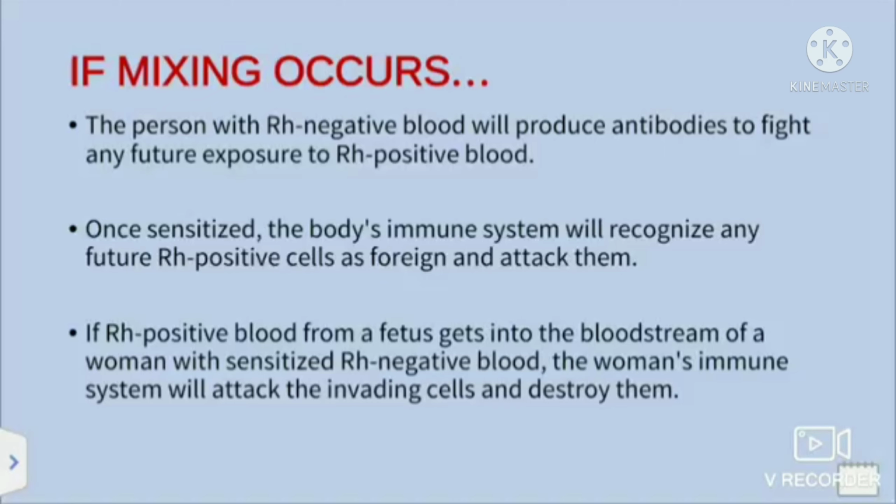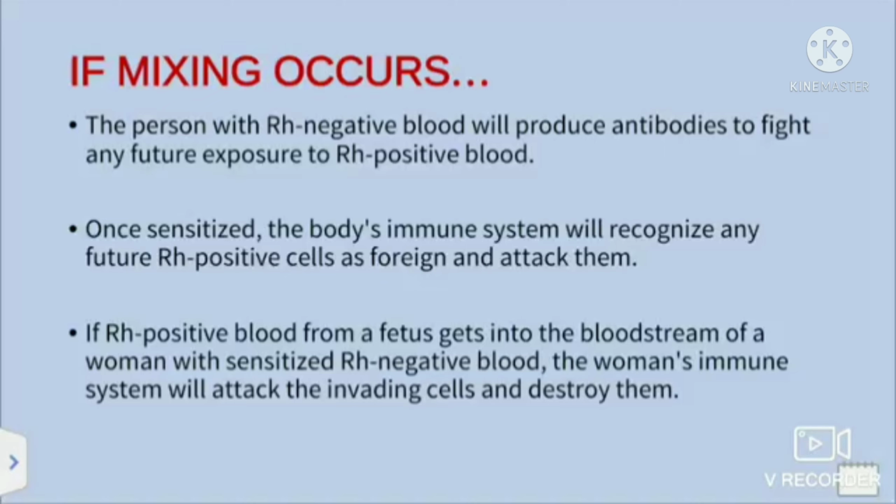So if both of these bloods get mixed due to any cause that we have already seen in the previous slide, the person with the RH negative blood, here the mother, will produce antibodies to fight any future exposure to RH positive blood. Once sensitized, the body's immune system will recognize any future RH positive cells as foreign and attack them.